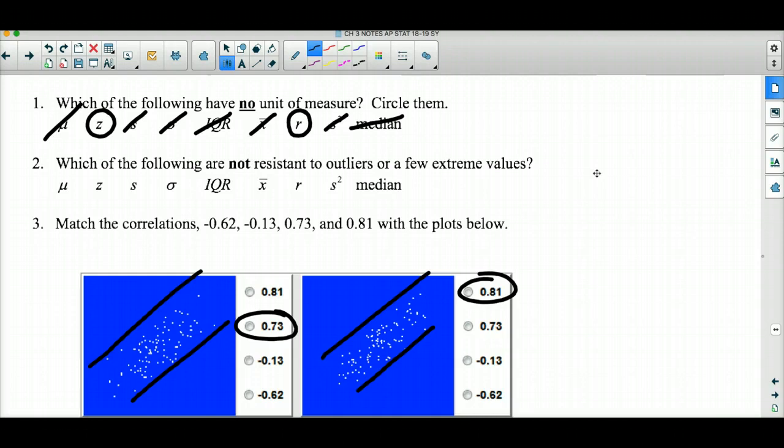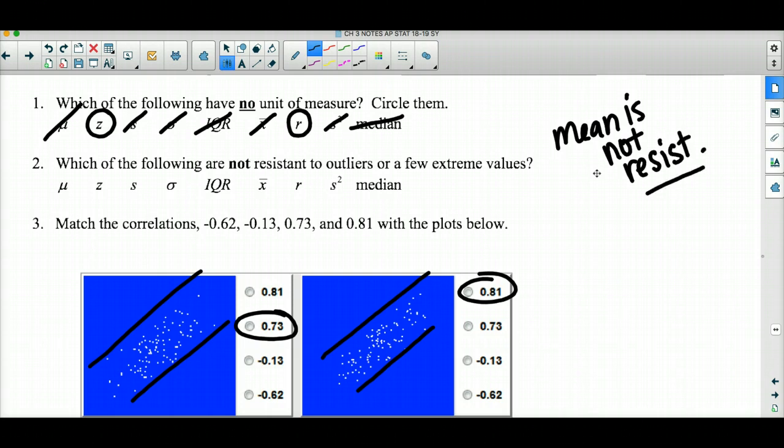Which of the following are not resistant to outliers or a few extreme values? So let's talk a little bit. Is the mean resistant? Okay, so mean is not resistant. Right? Now, anything built off of the mean is also not resistant.